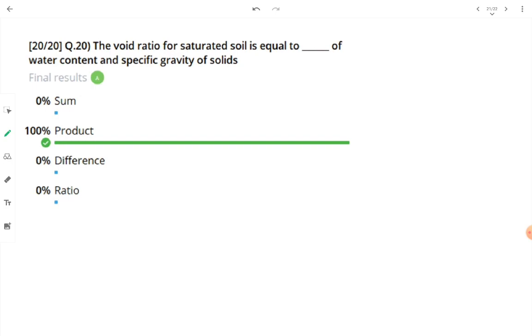Alright, then the void ratio for saturated soil is equal to what? Fill in the blank with water content and specific gravity of soil. It is the product.